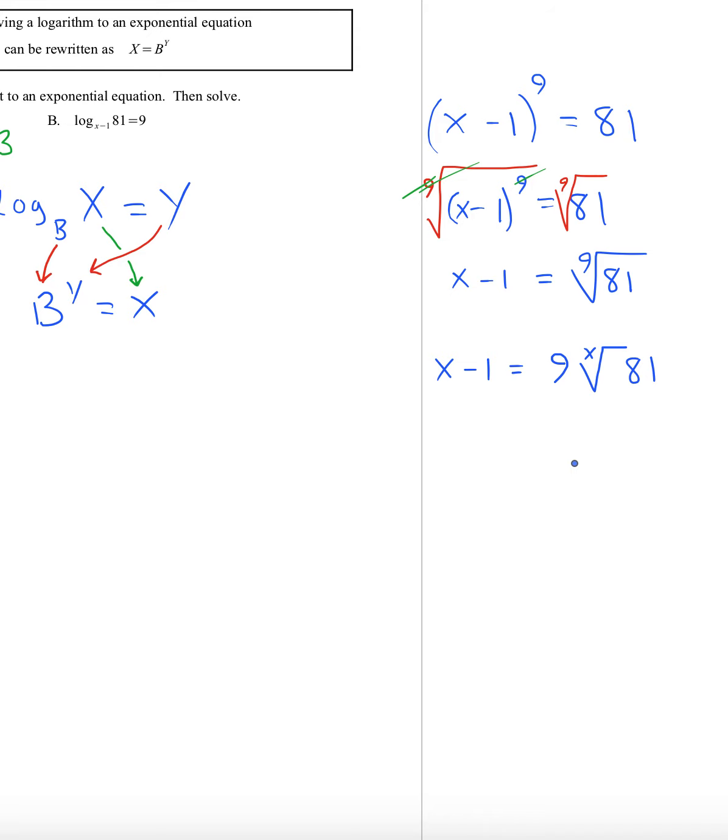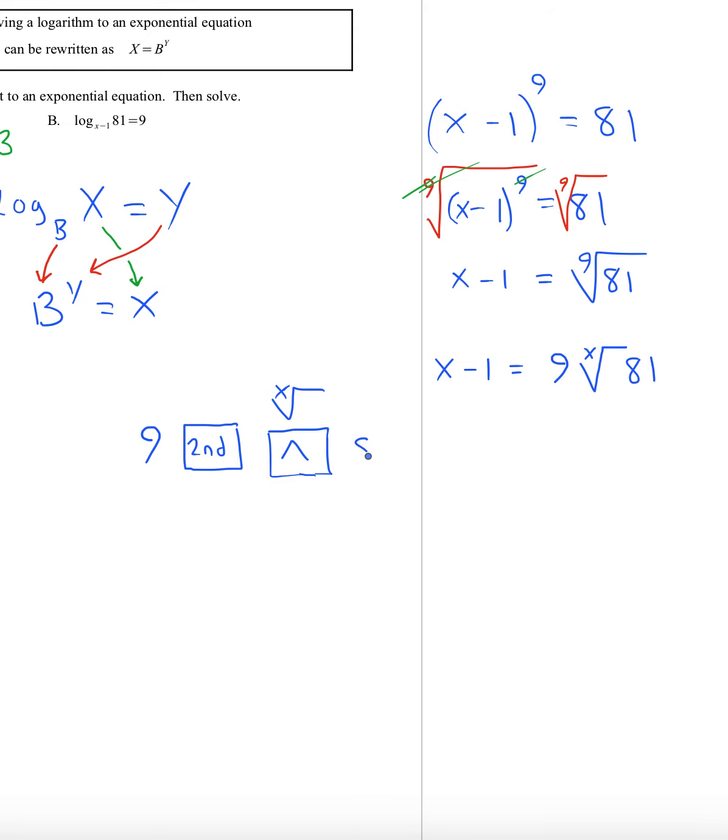How did I get that? I pressed 9, then second, then the caret button, which is also the n root button. There's a little x in the square root symbol.